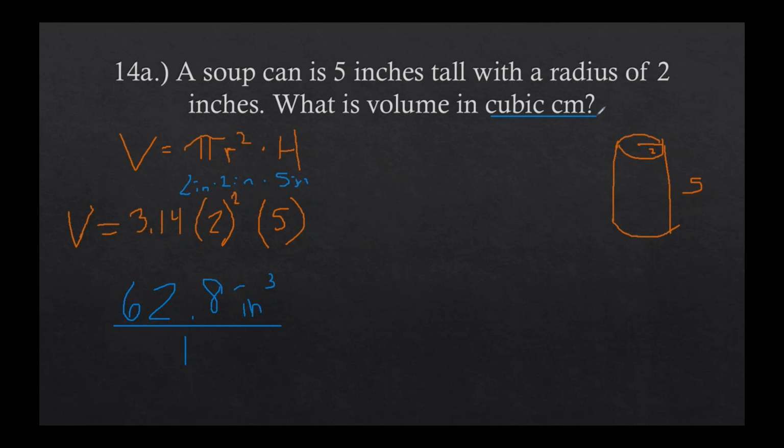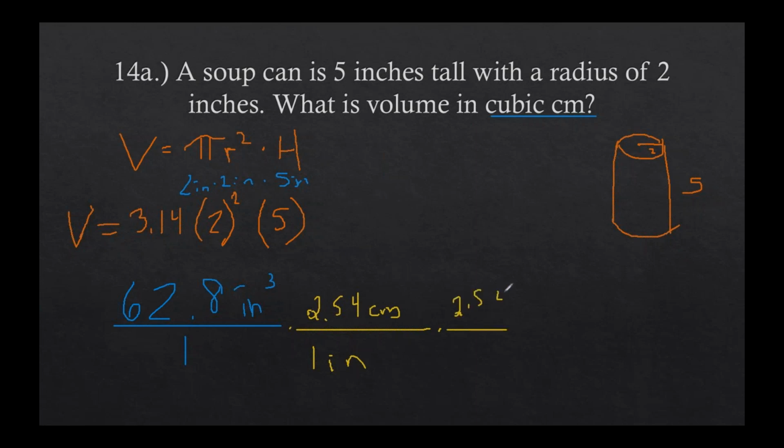Inches is U.S. customary, centimeters is metric. So if you look at your yellow sheet, we want to jump across the pond, right? In that first section, this is length, inches, centimeters, you see that 1 inch is 2.54 centimeters.